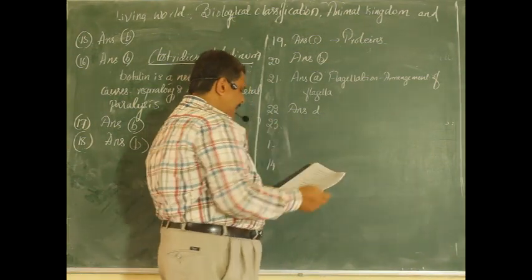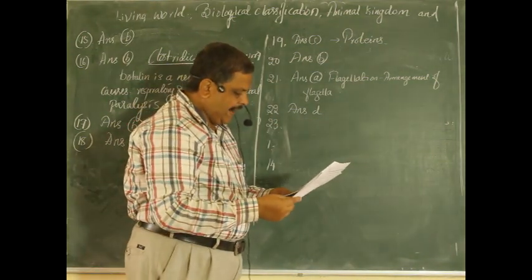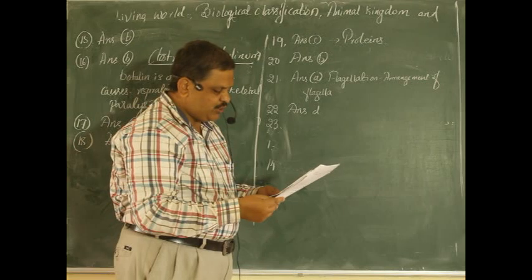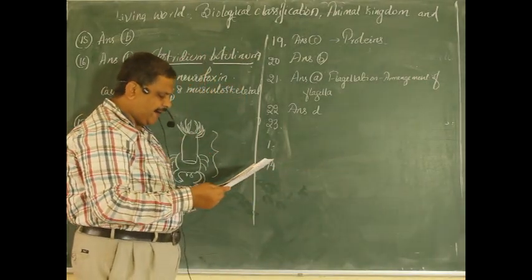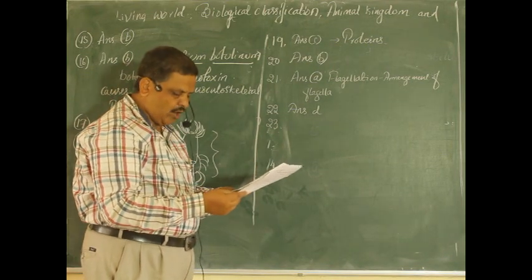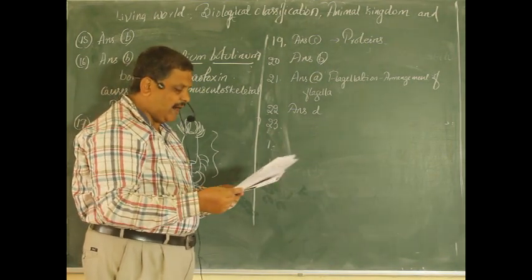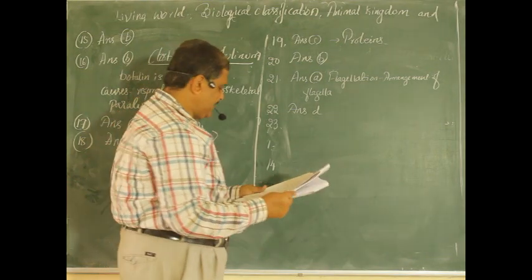Question number 23. An algae very rich in protein is option A, chlorella, option B, nostoc, option C, spirogyra, option D, Oedogonium.